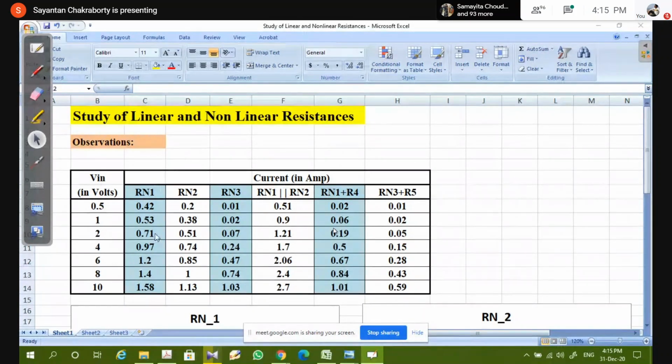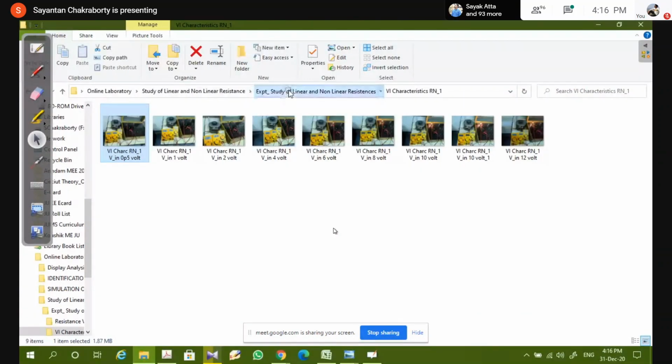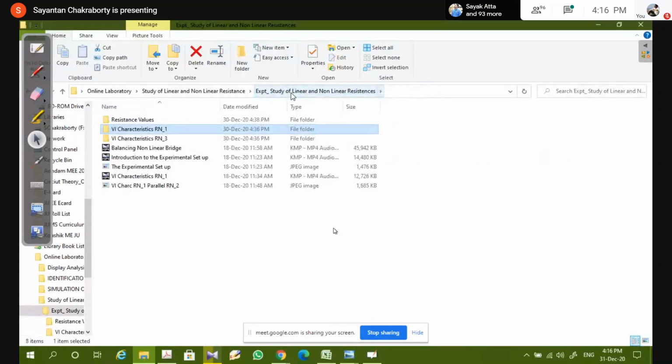So this concludes the first part of your experiment, where we'll be obtaining the VI characteristics of individual nonlinear elements, and then the VI characteristics of at least 3 combinations thereof, and that has to be validated using a graphical approach since we have the data already.